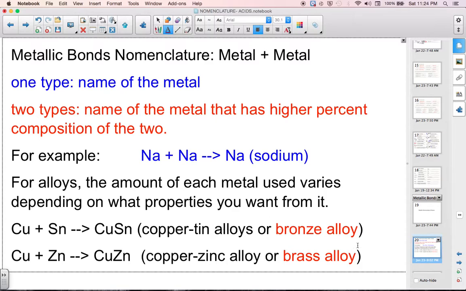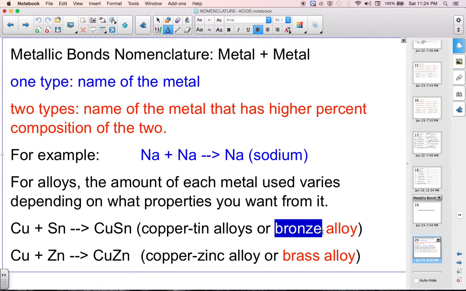For example, bronze bells are made with a specific percentage of copper to tin. Most people call that just a copper alloy or a bronze bell. In this case, you can use either. Just keep in mind that you're creating metallic bonds, and these are the only 2 types of naming.